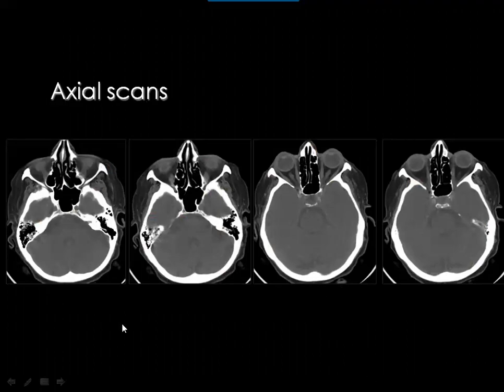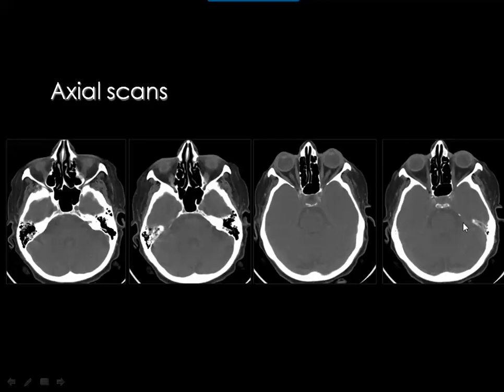These are axial CT scans of the orbit, starting from below and going upward. First you will see the inferior rectus muscle in the midline, and while proceeding up, in the mid plane of the orbit, you see the optic nerve, and this is the medial rectus, and this is the lateral rectus, and you can also see the globe.